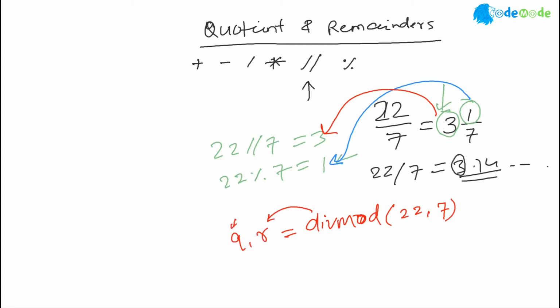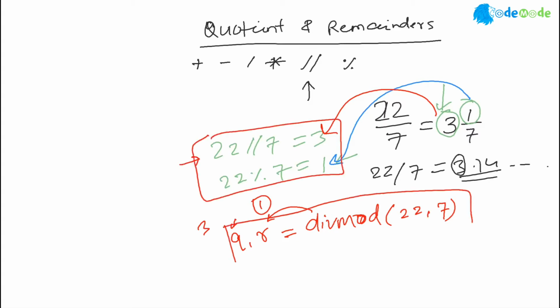The first value will be the quotient, which is 3, and r will be the remainder, 1. You can do it manually like this, or you can use the divmod function, pass 2 values as input, the numerator and denominator, and you get quotient and remainder together. And we learned this in the last class.